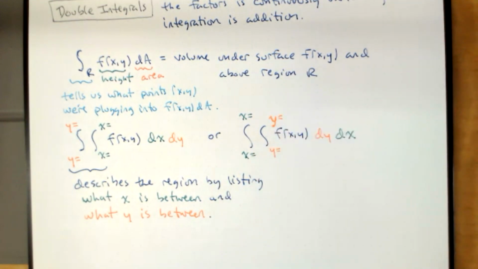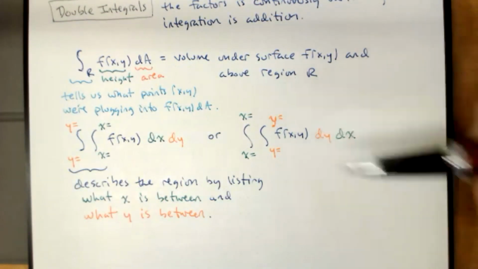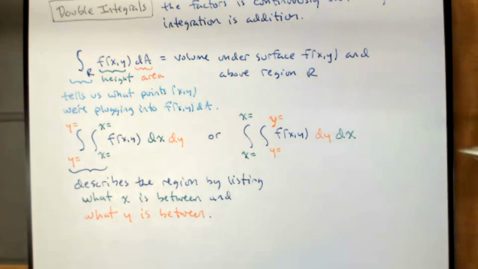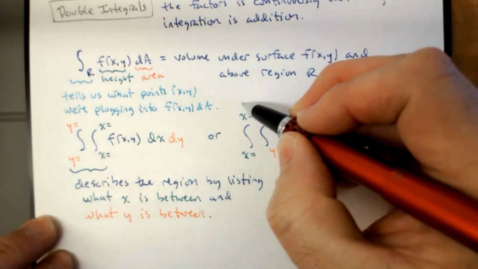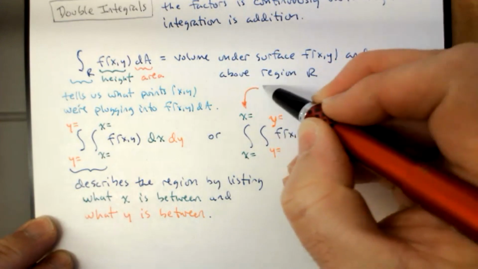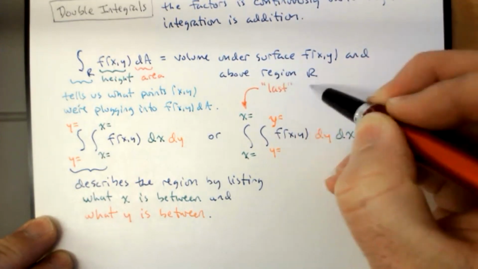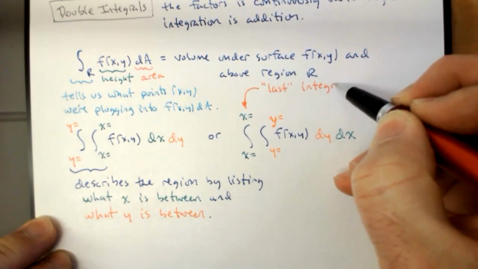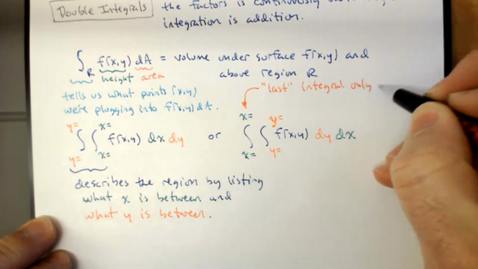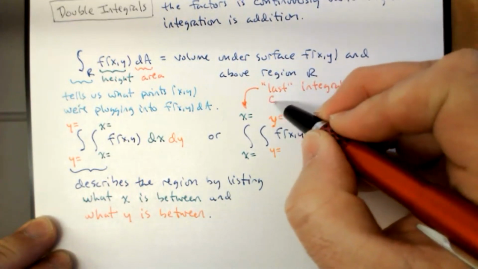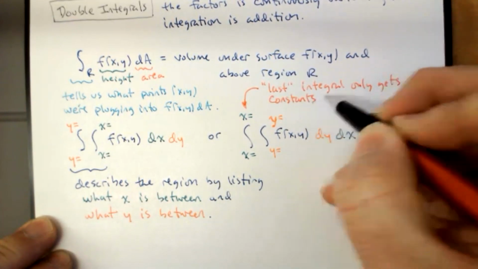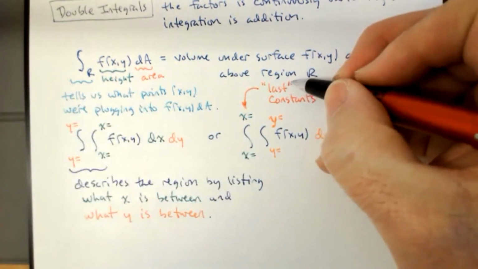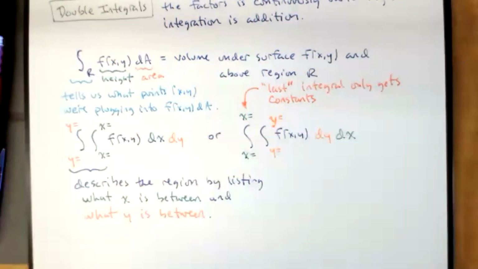This outer integral, the last one that gets computed, that integral has to be constants. The way I usually phrase this is that the last integral only gets constants.